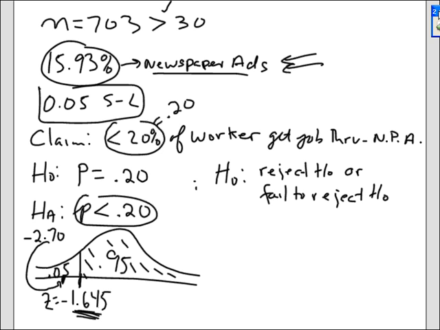Now, everything in here, even though some teachers would scream and holler, I call that the acceptance region. You would accept H0. Well, you can't say accept.